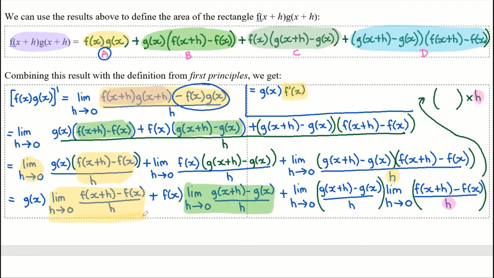Then I've got f of x multiplying this box here, which is, of course, g dash x. So that's good, that's multiplying g dash x. And then I've got the product, and this is the clever bit, the product of g dash x and f dash x. Okay, and I'm going to have to get rid of this.